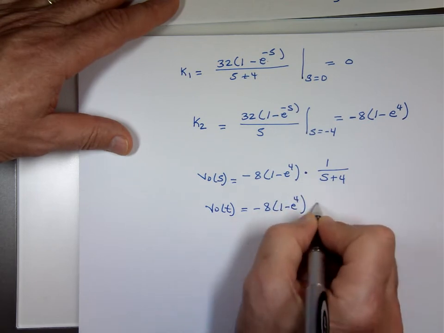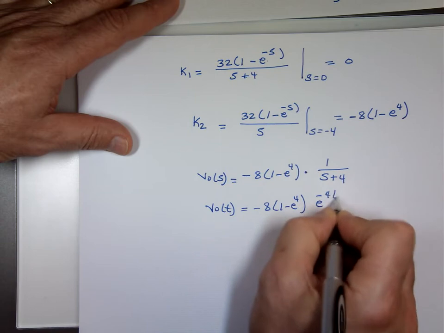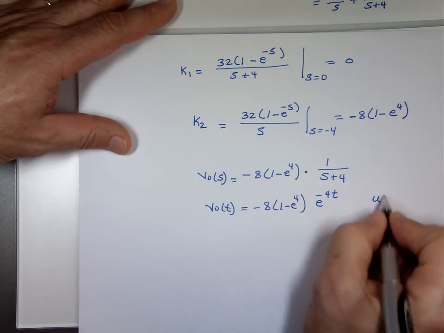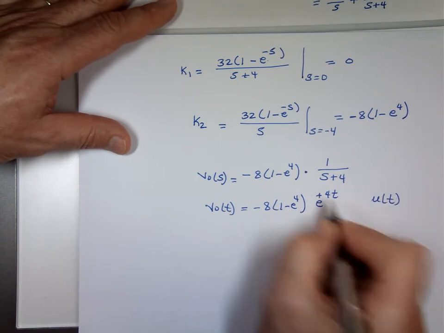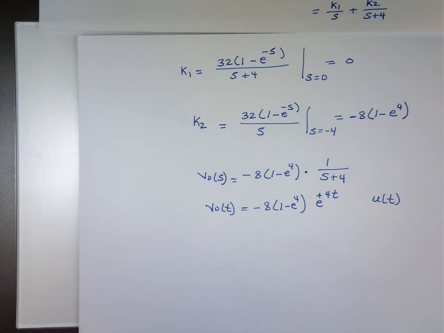That's e to the negative what? 40? Yes. No, negative. It's negative 40. When it's minus s, it's positive. When it's minus, it is a plus. When it's a plus, it's a minus. Always the opposite.